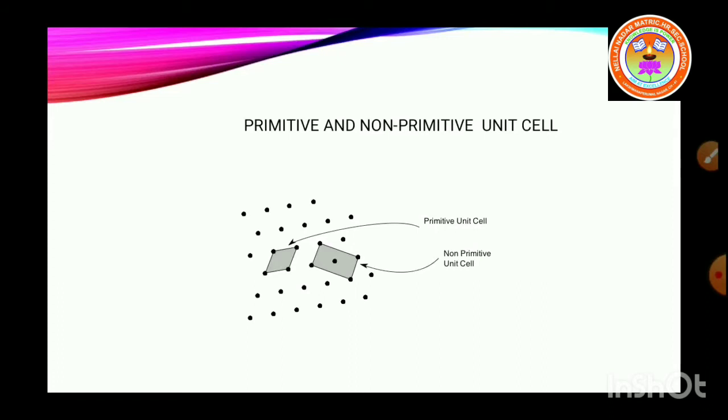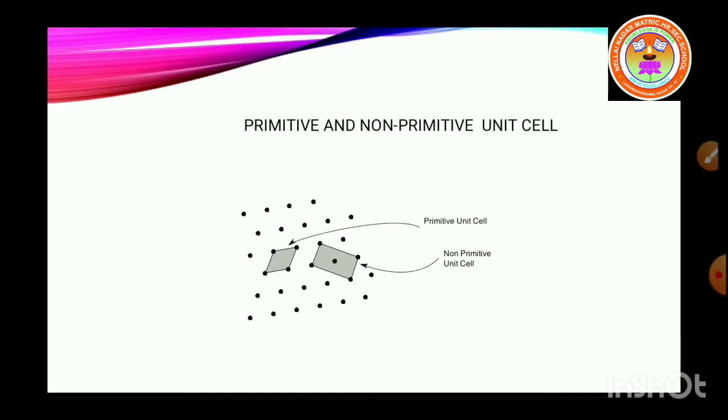Particles are present at the corners only, that is called a primitive unit cell. The particles are present only at the corners. The best example for primitive unit cell is simple cubic, which is simply represented by SC.